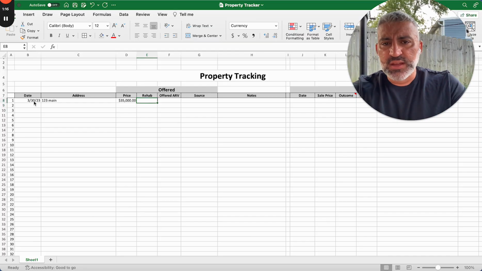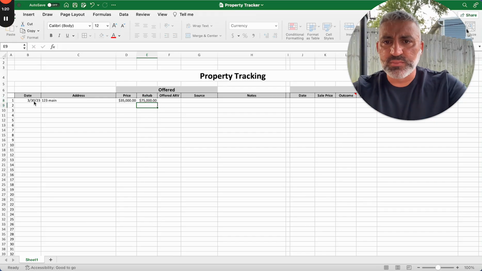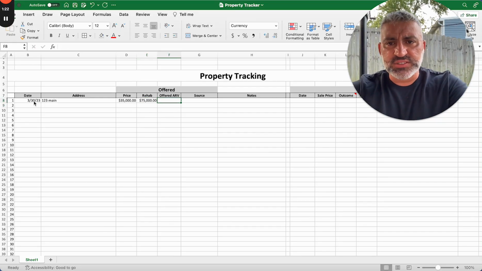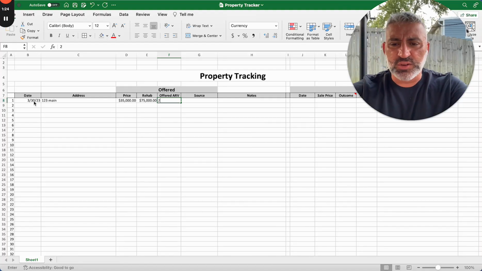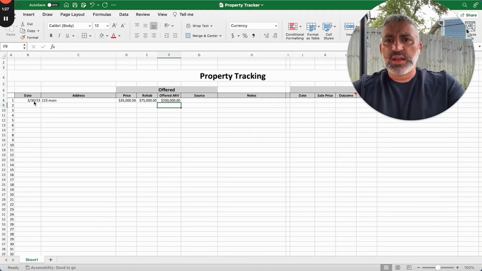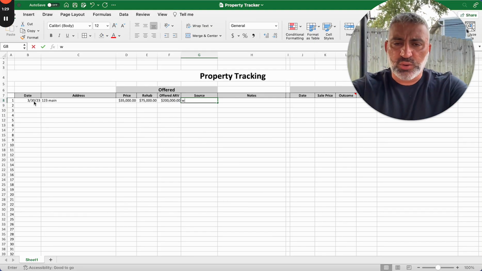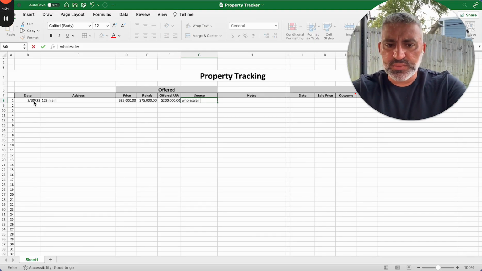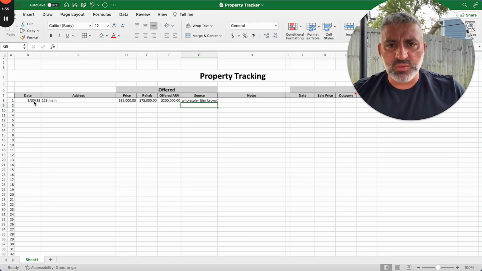They said the rehab on it was $75,000, and the ARV was $200,000. And the source: wholesaler, Jim Brown, whoever, whatever, wherever it comes from.